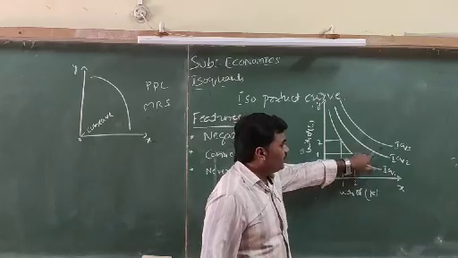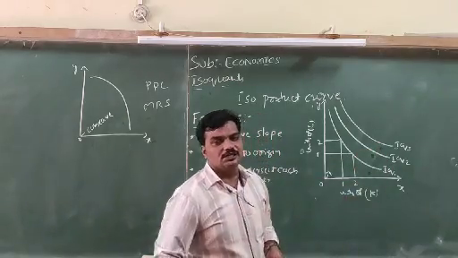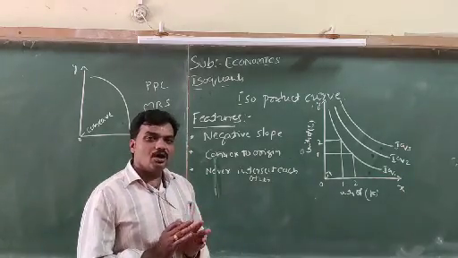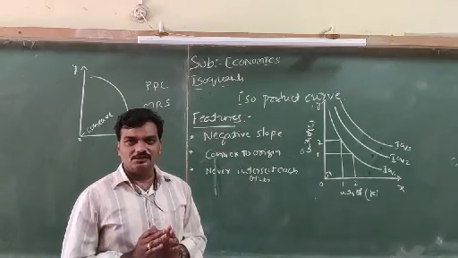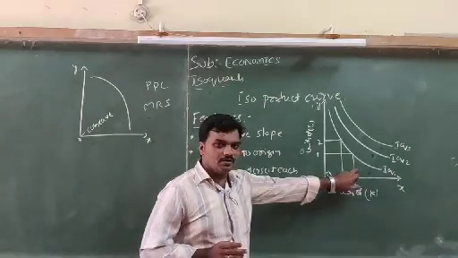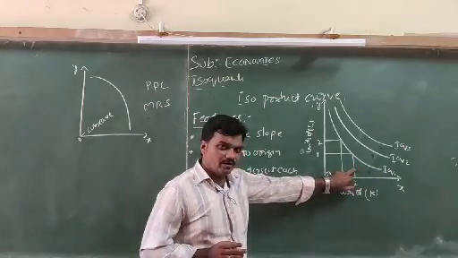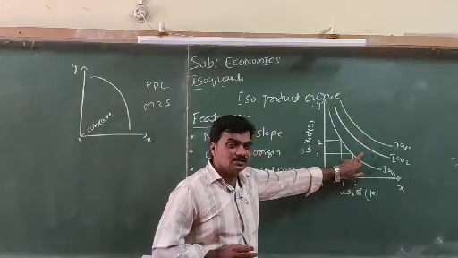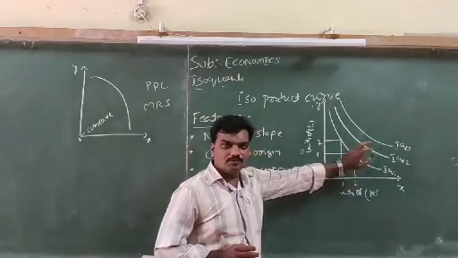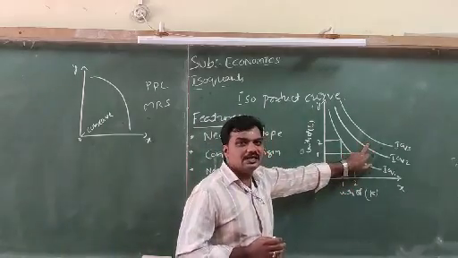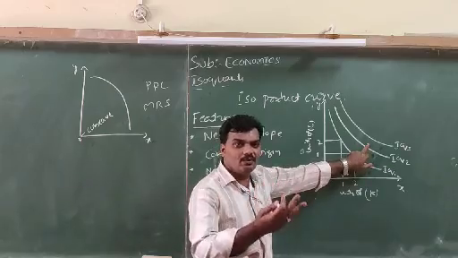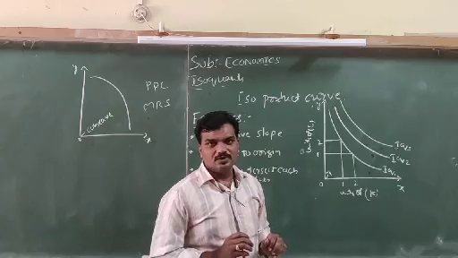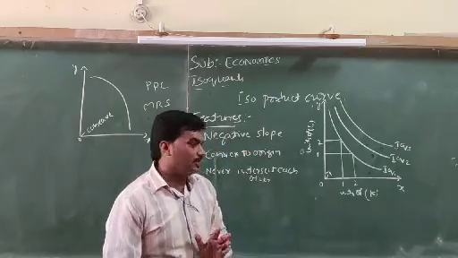The different isoquants represent different levels of satisfaction, and they do not intersect each other. Because IQ1 is a lower isoquant than IQ2 and IQ3, and IQ2 is a lower isoquant than IQ3. That means IQ3 gives a higher level of output and IQ1 gives a lower level of output. That's why they never intersect each other.